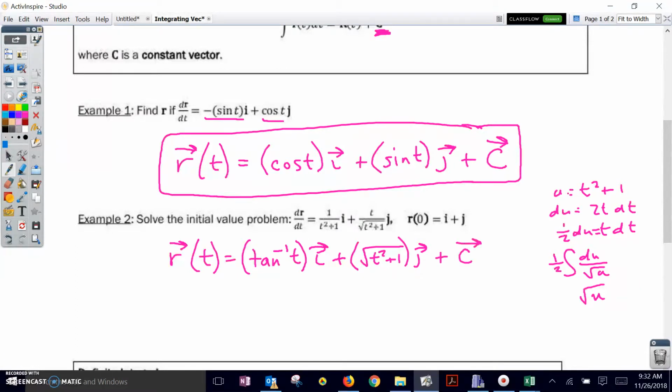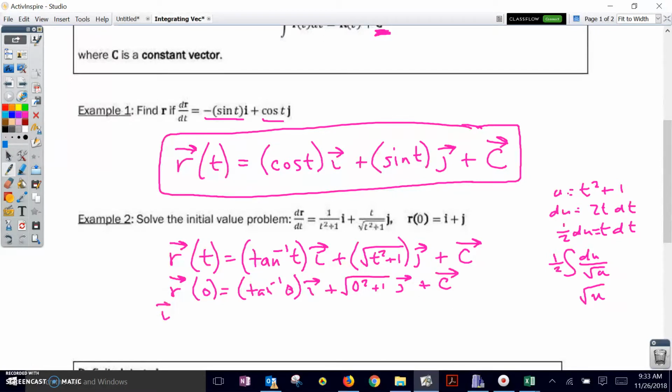Plus my constant vector. And now I need to solve for the constant vector, and I know that when t is 0, it gives us the vector i plus j. So r of 0 is equal to the arctangent of 0 i plus the square root of 0 squared plus 1 j plus the constant vector.